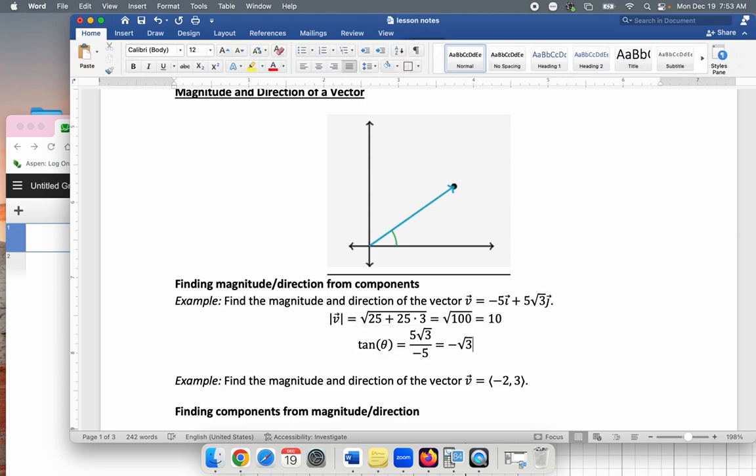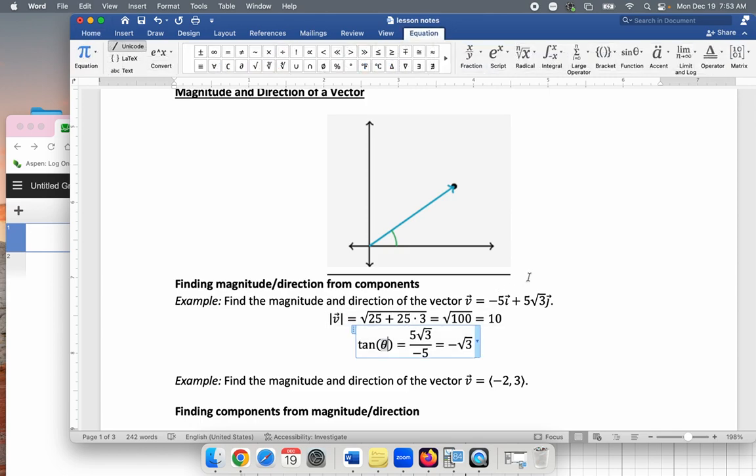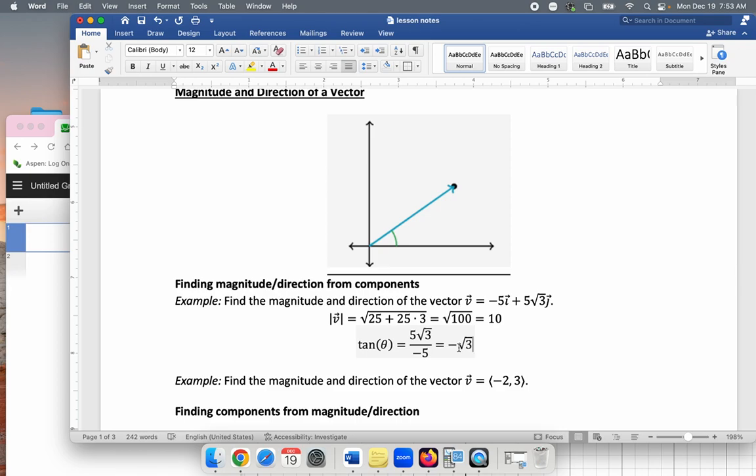And so what that's telling you is that your angle theta, your direction, is an angle whose tangent is negative root 3. Root 3 is associated with, as far as tangent is concerned, some kind of pi over 3, or some kind of 60-degree angle.